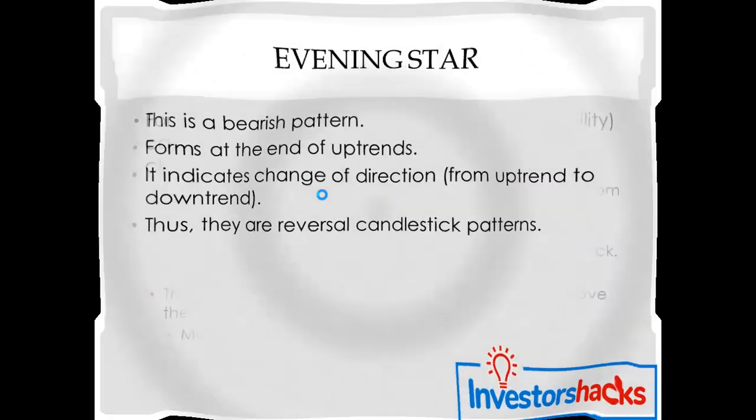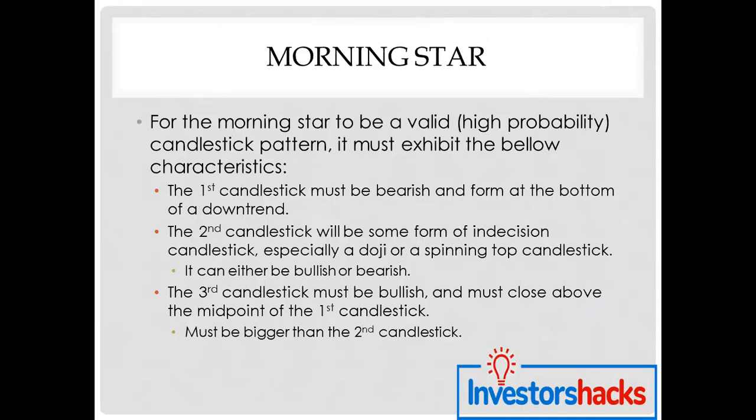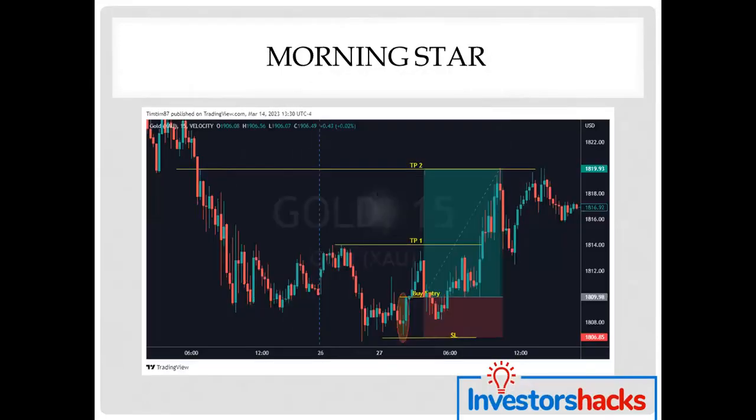When you are using them to exit trades in a downtrend, for instance, using the morning star, let's say this is the downtrend, right? And let's say you had identified some patterns above here, and you took your sell position. And the moment you see this type of candlestick forming, the morning star, here at the bottom of the trend, you know that the market is likely to reverse and go in the opposite direction.